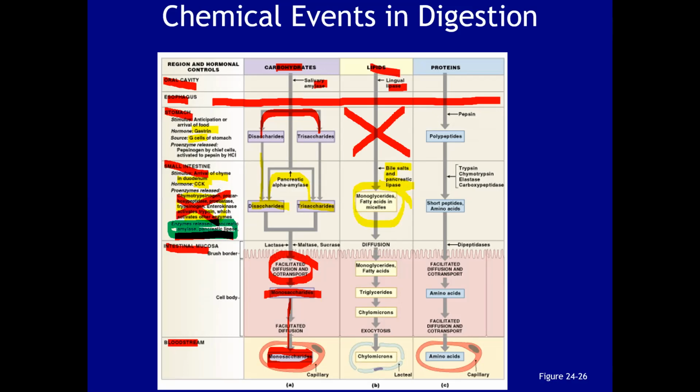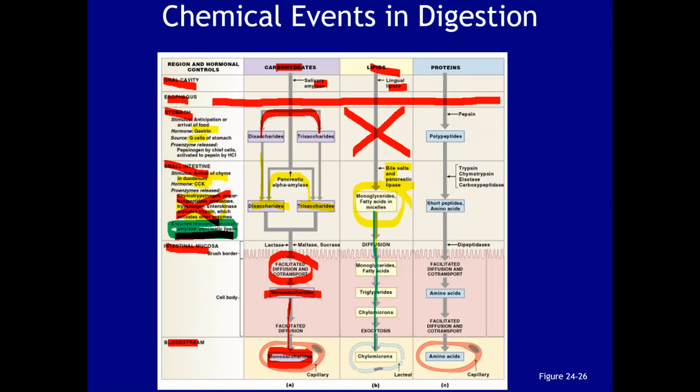We didn't talk about micelles, but just know that the fatty acids are going to be diffused into the mucosa. Diffused into the mucosa, and they're going to be further broken down, and they are going to enter the bloodstream.